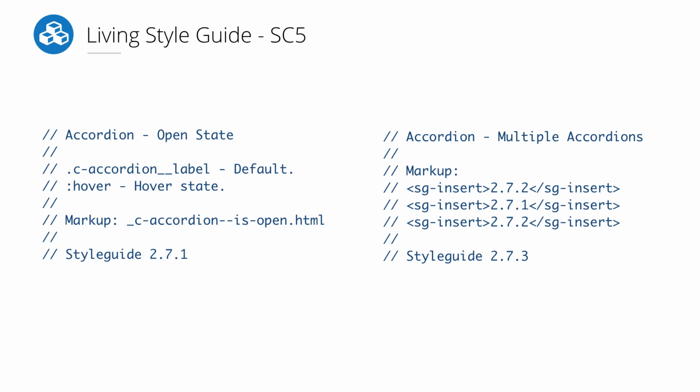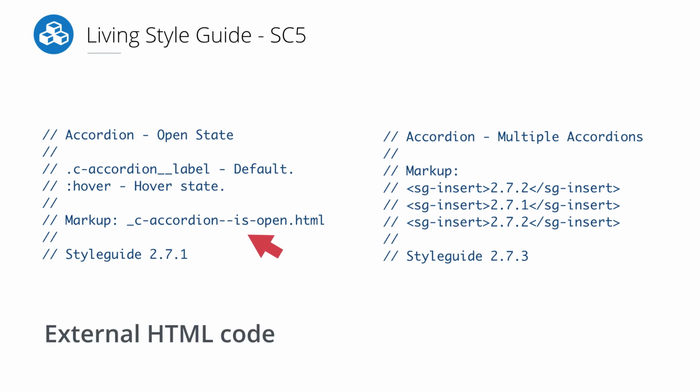Another cool feature in SC5 that I think is really useful is, sometimes our style guide components, like an accordion or certain reasonably complicated elements, the actual HTML of them is kind of long. You might have 20 lines of HTML in a really complicated example.